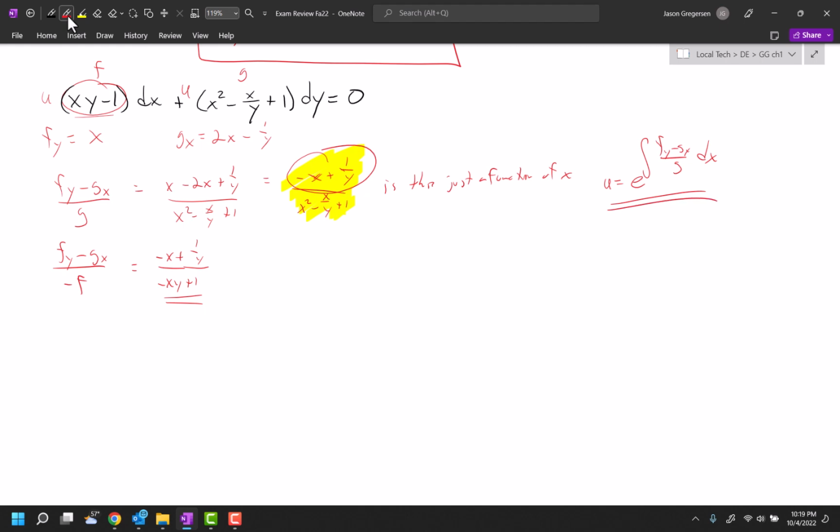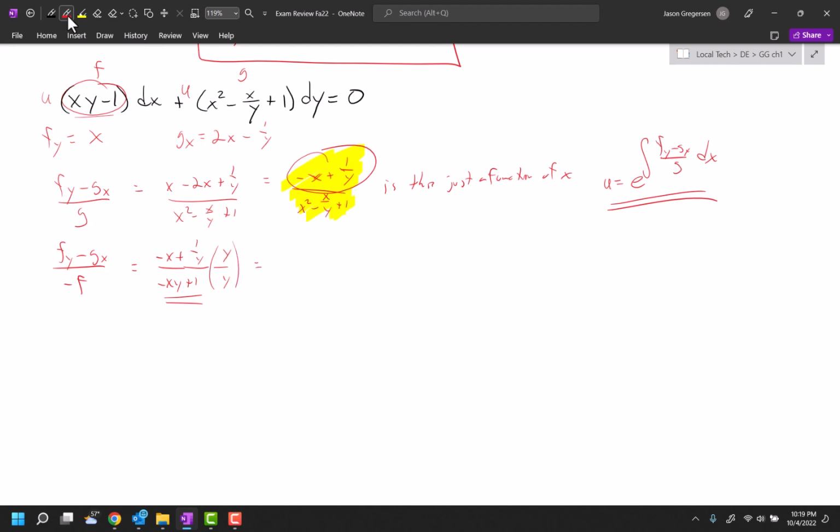Now at first glance, this doesn't look to be a function of just y. However, if we do a little algebra on this, in other words, if I were to multiply top and bottom by y, so I'm multiplying my fraction by 1, so I'm not changing the value, but in a special form.